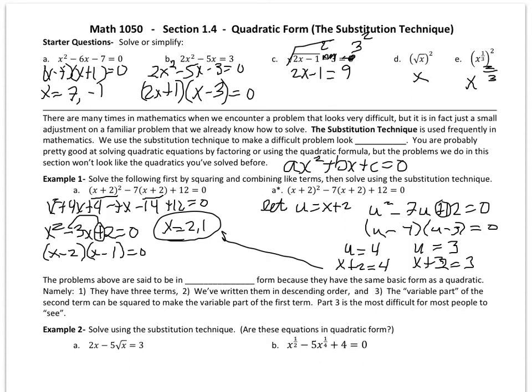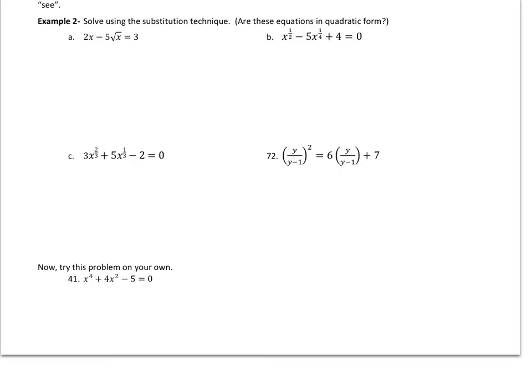All right, so let's look at our next example. So part A here, we have 2x minus 5 root x equals 3. So the first thing I need to do is put this in quadratic form, put it in standard form. So we're going to subtract 3 from both sides.